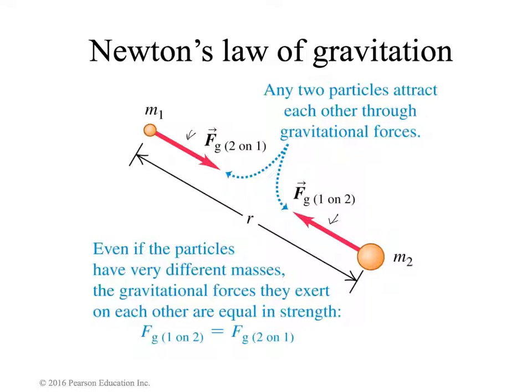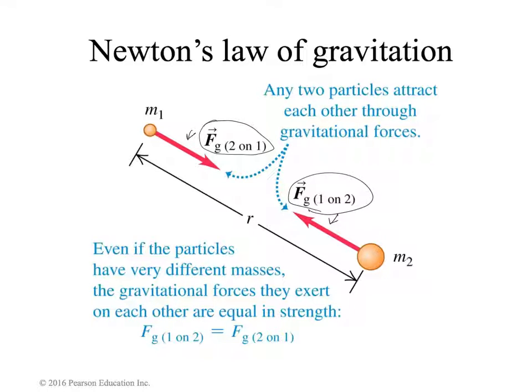So here, for this force right here, this is the force that mass number 2 is exerting on mass number 1. Because it's an attractive force, it's pulling it towards it. Likewise, here, this force of gravity is the force that mass number 1 exerts on mass number 2.